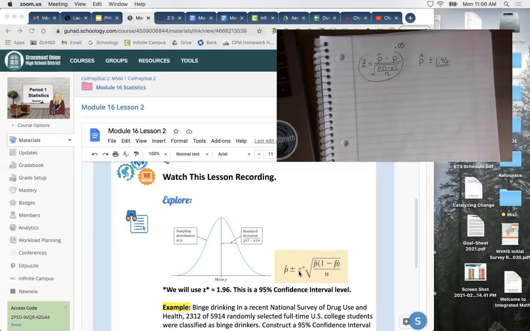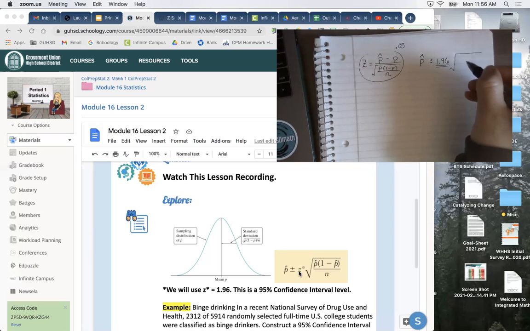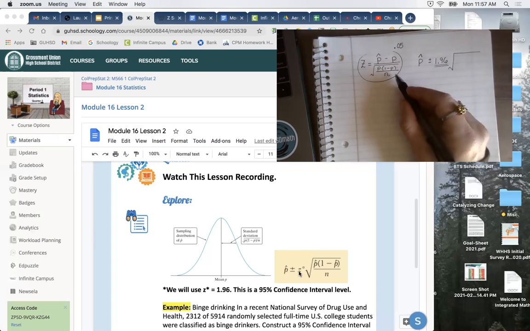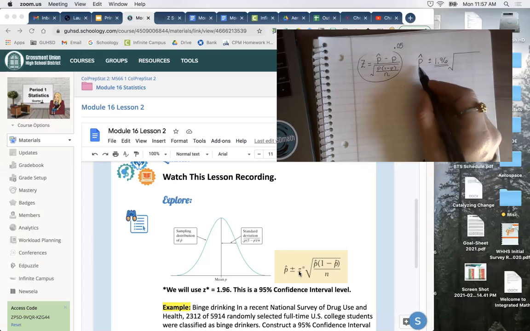Okay, so we take 1.96 and then you'll notice this looks very similar, and that's why I'm relating it back to this one, times this standard deviation here. Now in this one, we won't know the actual p-value. So we can't do the same standard deviation that we have here because what we're trying to figure out is what is our actual p. And the only thing we're going to have in these problems is our p hat.